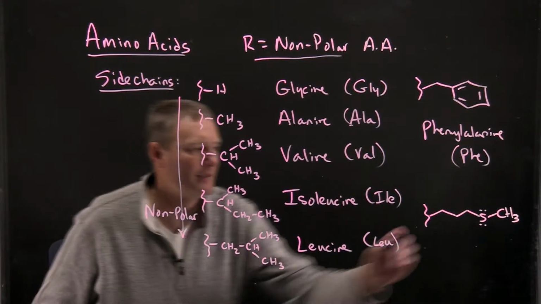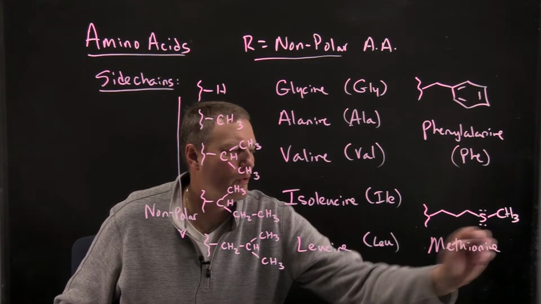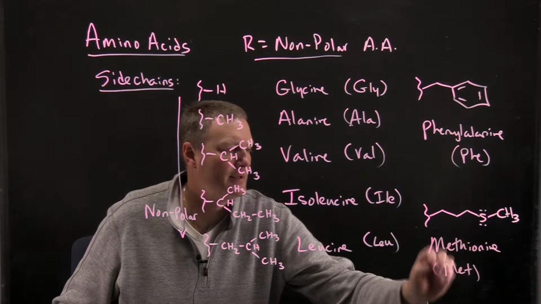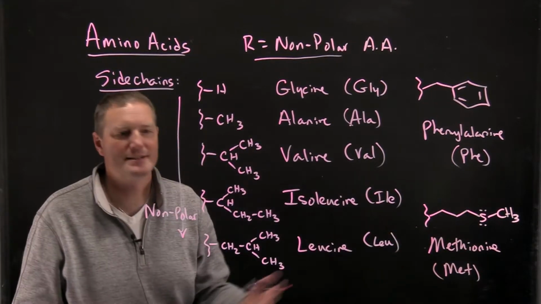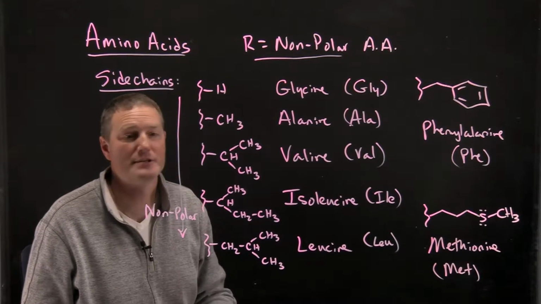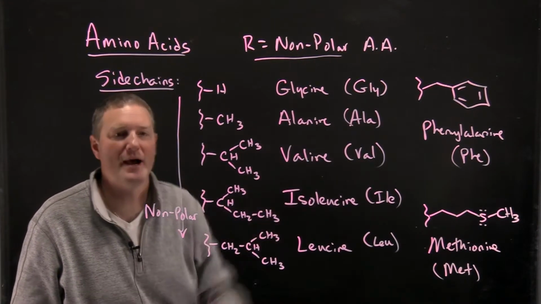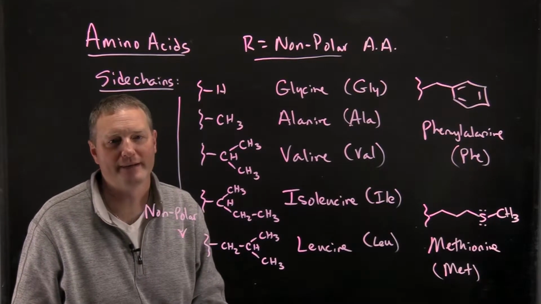This is called methionine, or MET, M-E-T. Now, even though it's got the sulfur, it's still more like an ether or a thioether, and those tend to be very nonpolar as well. So collectively, those 7 amino acids would be called the nonpolar amino acids.